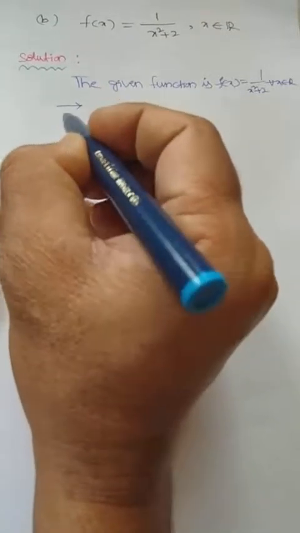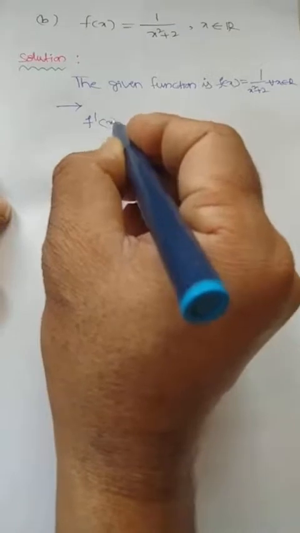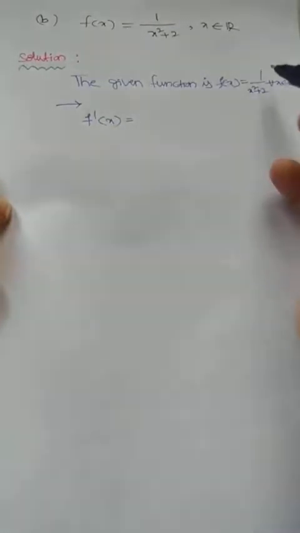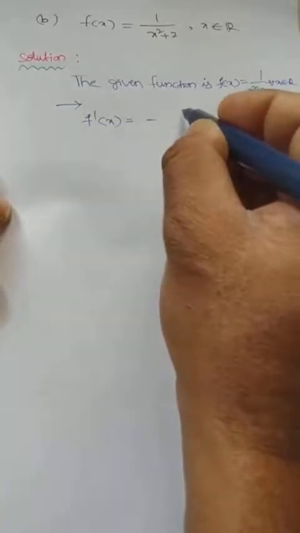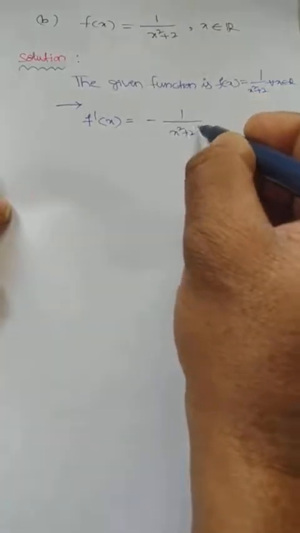To find the stationary values. For that you have to find the first derivative of the given function. So now I am differentiating the function with respect to x on both sides. It is what now? f dash of x. So it is in the form of 1 by x. 1 by x derivative is what now? Minus 1 by x square, means it is minus 1 by x square plus 2 whole square.